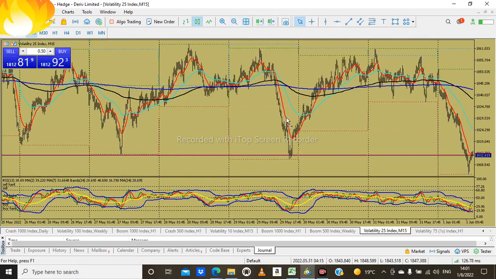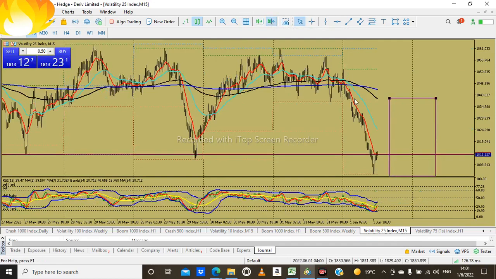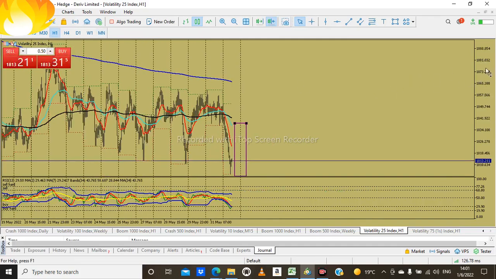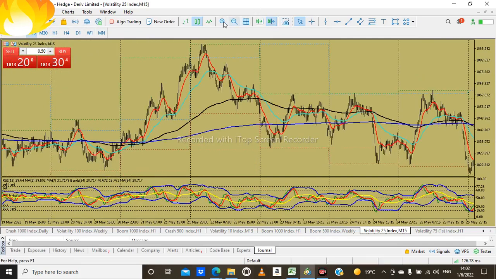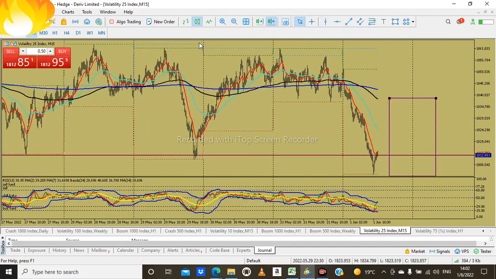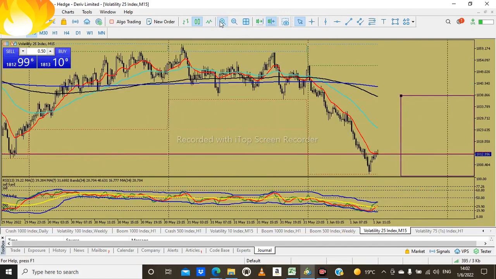Remember I said I wanted it to fall. On the smaller time frames, this is what price is doing on M15.